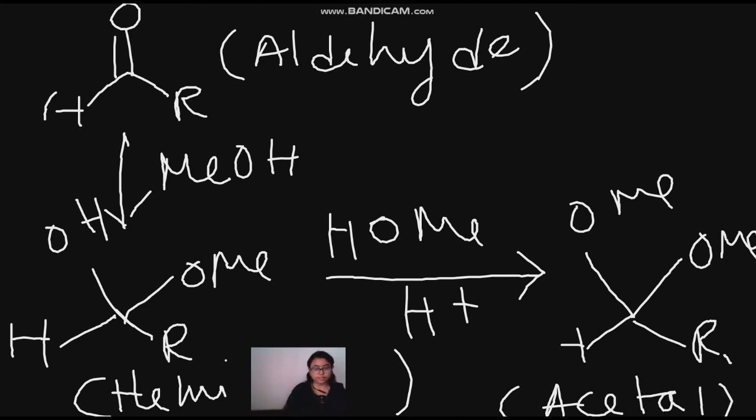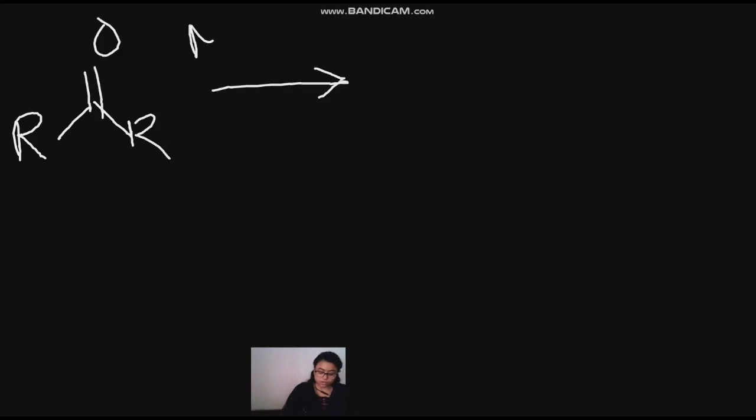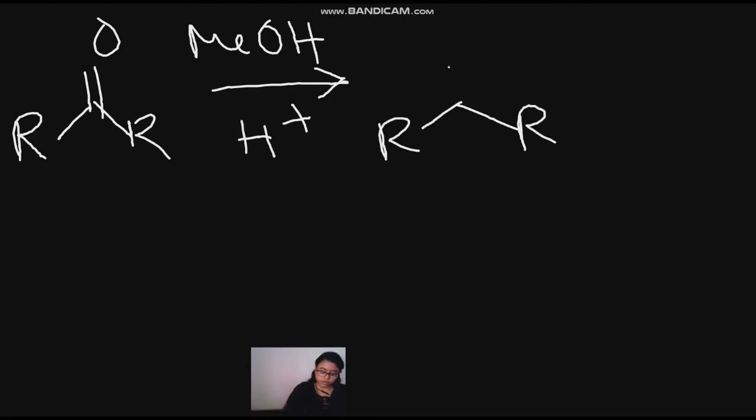In the same way we get hemiketal and ketal. So let's go for it. Hemiketal and ketal. Here we have a ketone. We will add first of all methanol or alcohol in presence of H plus. So double bonded O, H positive.